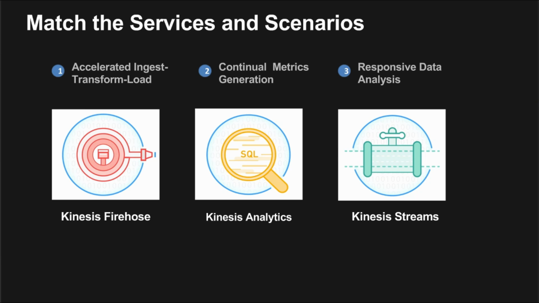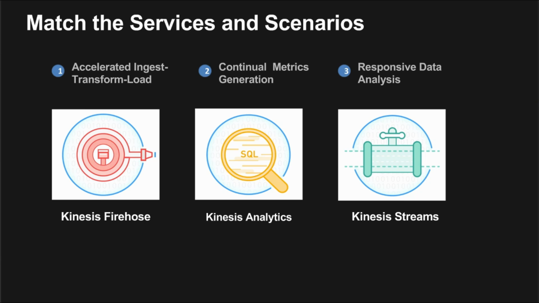And you can even write a backup of the original unprocessed stream to a separate S3 bucket, so you can maintain those two separate copies, one being the original format and one being the transformed version. And then with Kinesis Analytics, this is where you get the metrics, and you can use SQL queries to pull information out of the data stream as it's coming through.